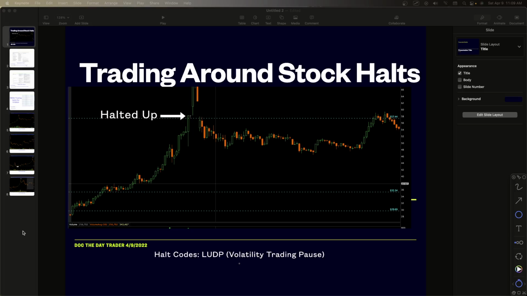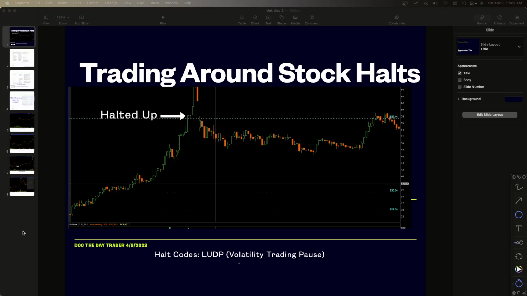This came straight from NASDAQ. They call it the pause threshold price. It's going to sound a little technical, but I'll break it down for you. They say if a security is subject to a trading pause, the pause threshold price field will contain the reference threshold price that deviates 10% from a print on the consolidated tape that is last sale eligible as compared to every print in that security on a rolling 5-minute basis.